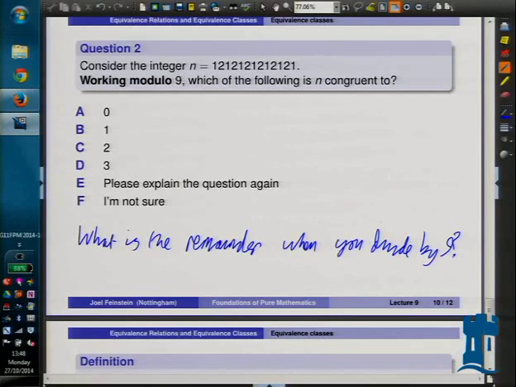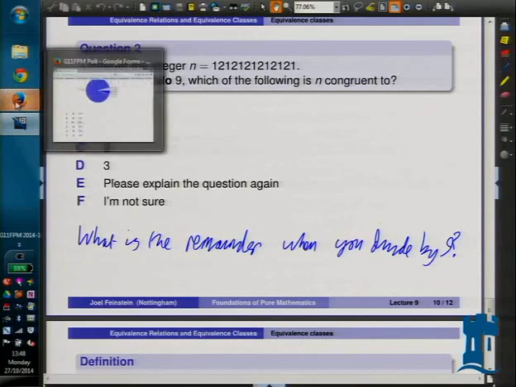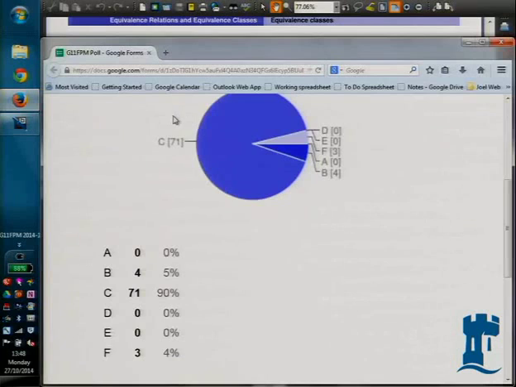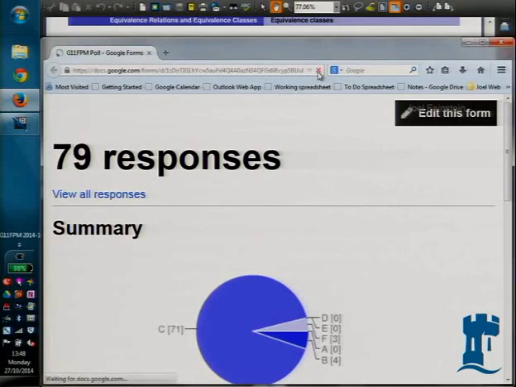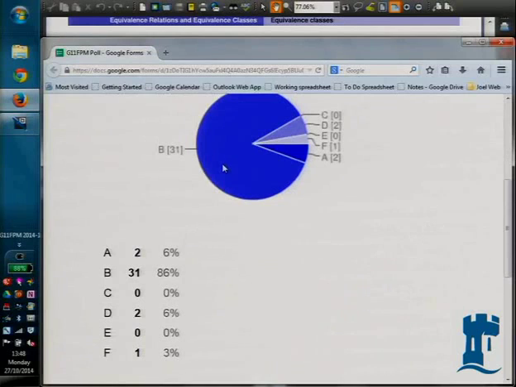So if you're going to vote, please vote soon. 28 answers so far. Okay, I'll now reveal what the correct answer is, which most of you have gone for. That needs a refresh. 36 answers, most people going for B, which is correct.